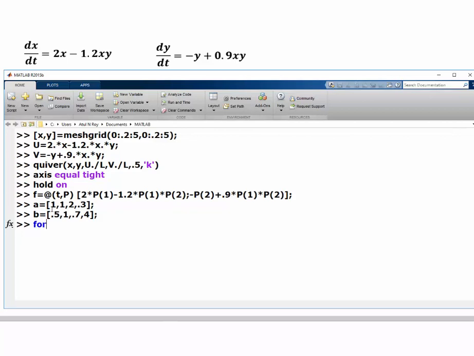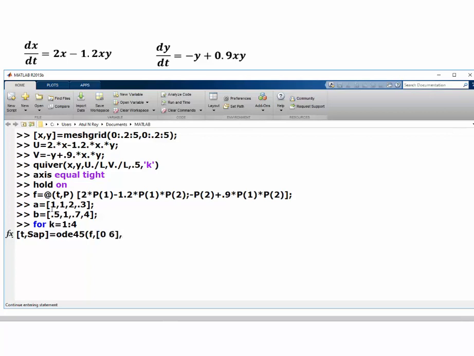Then we are going to say for k equals 1 through 4, where we are using k as an index, the approximate solution we are going to take by ODE45. So we have f, and for t let's stick to 0 to 6.